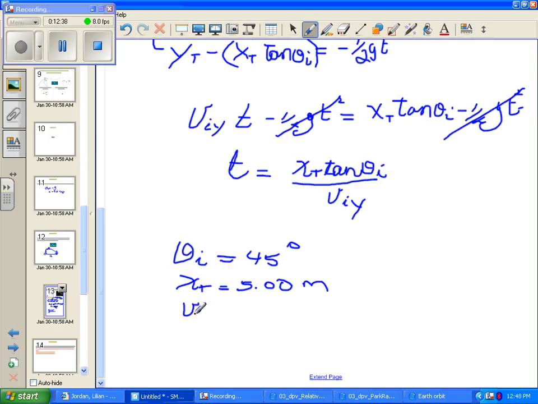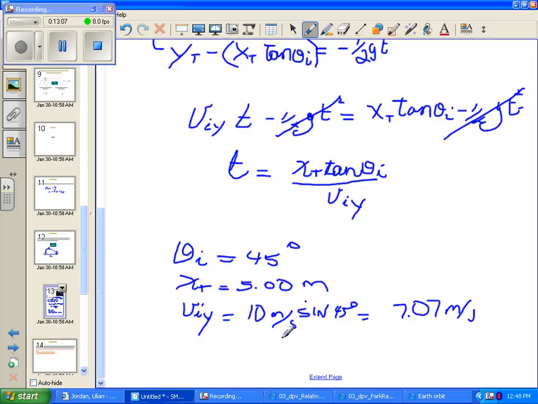Let's let v initial of y equal v initial, we'll say it's 10 meters per second, times the sine of 45, which of course is the same as the cosine of 45. And that gives us an initial vertical velocity, or component that is, of 7.07 meters per second.